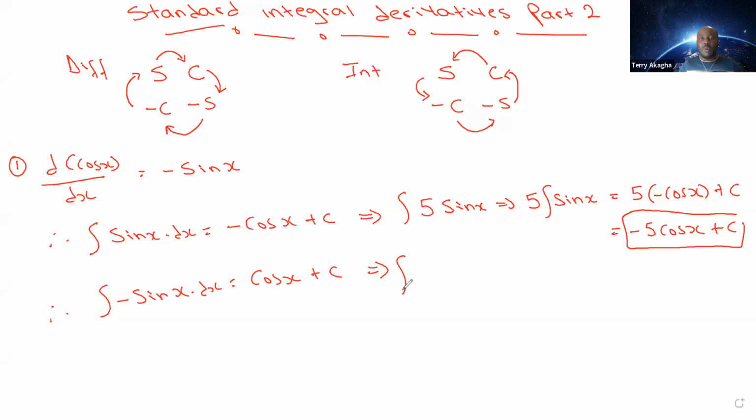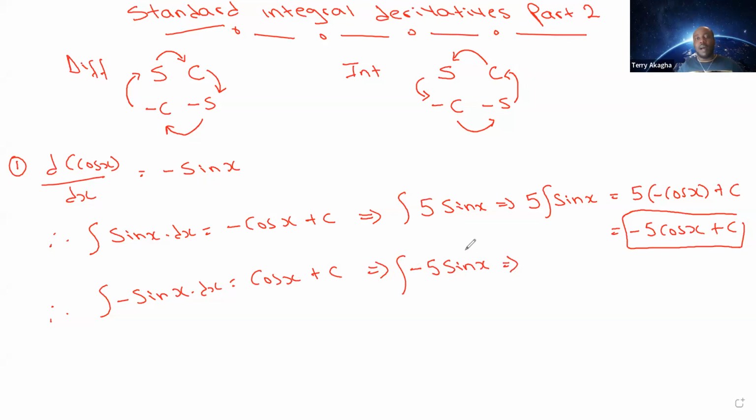So the same thing. We're integrating minus 5 sine x. There are 2 ways of doing this. Either I just bring out the 5 and leave minus sine x there, or I bring out minus 5 and integrate sine x. It's going to give me the same thing.